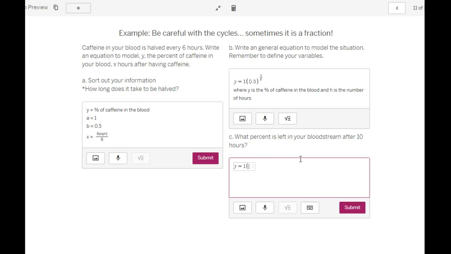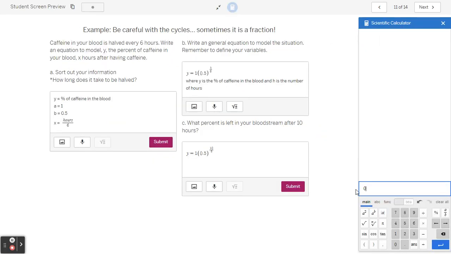Let's put this into our equation. 1 times 0.5 to the power of 10 over 6. Enter this into the calculator. 1 times 0.5 to the power of 10 over 6. So we have y is equal to 0.31.